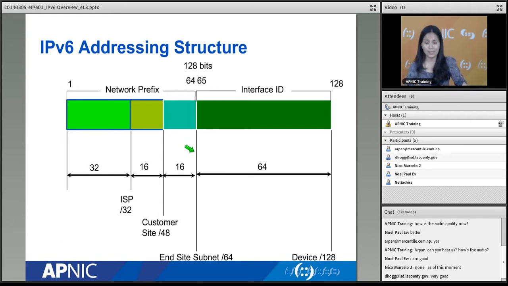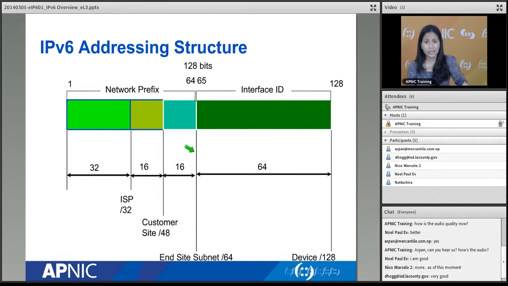Okay, that always stays that size. Right, now let's focus on the network prefix for the time being. So 64 obviously would be the smallest size of a subnet that you can assign. Okay, that is because, again, from here all the way here is your interface ID and it's not negotiable.